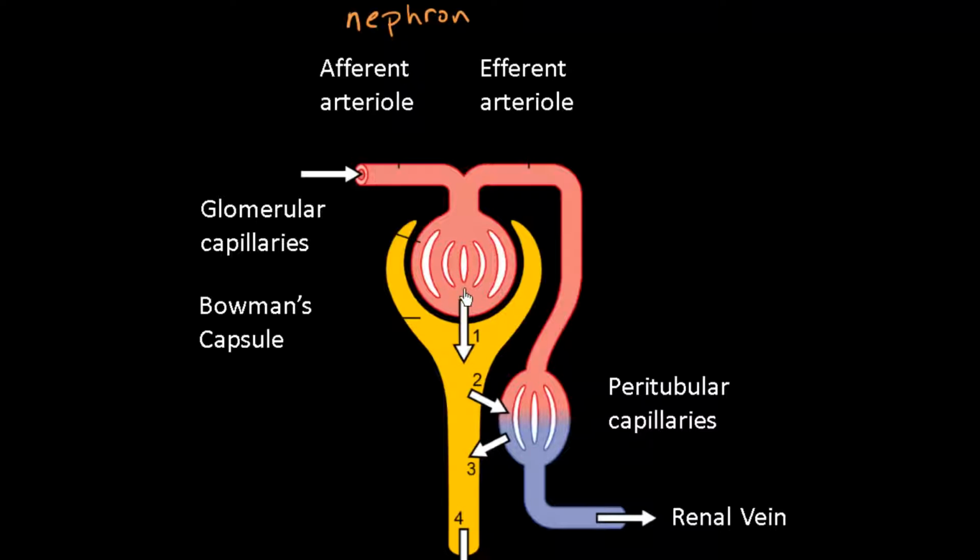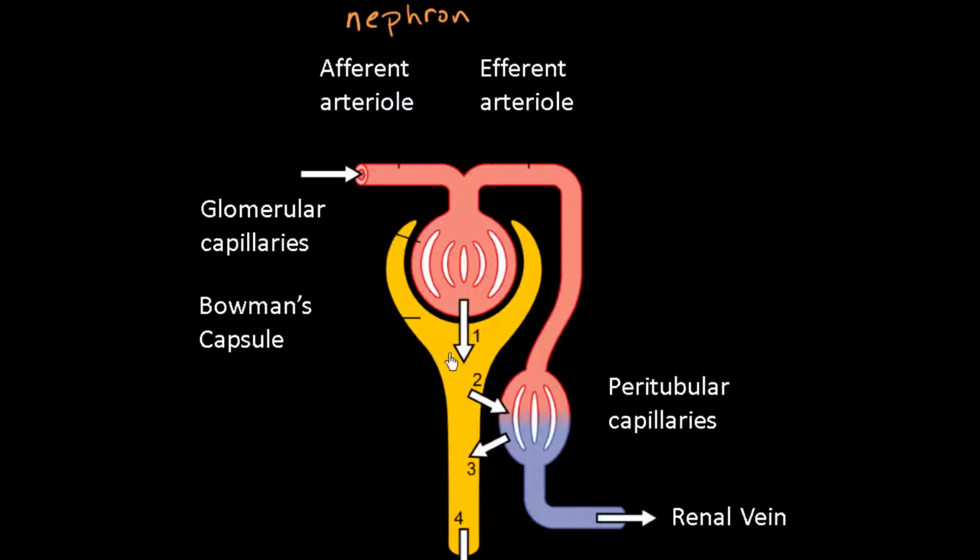Drug that is not filtered will leave via the efferent arteriole, and this efferent arteriole branches into another capillary plexus called the peritubular capillaries. Now, just as the name implies, peri, around the tubules. These are surrounding the proximal and distal convoluted tubules of the nephron, and this allows another opportunity for that drug to be secreted if it wasn't filtered.